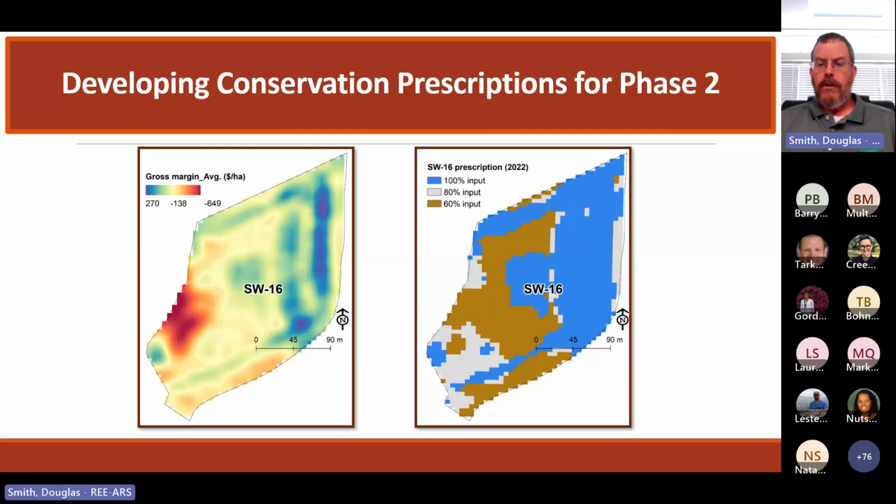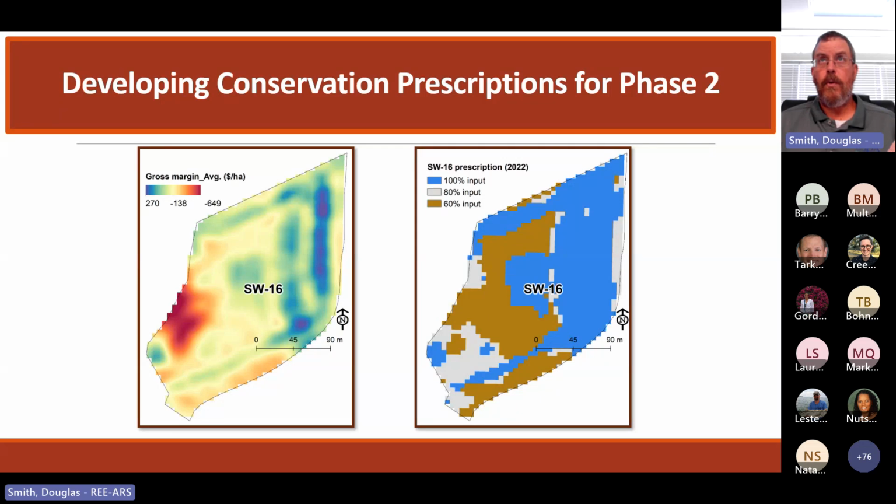So based on these yield stability zones and the economics, 2 of the fields, so I mentioned we'd talk about a few extra fields. So this one, we took zone C, so low yield but high variability. We reduced the inputs, so the seed and the fertilizer, to 80%.